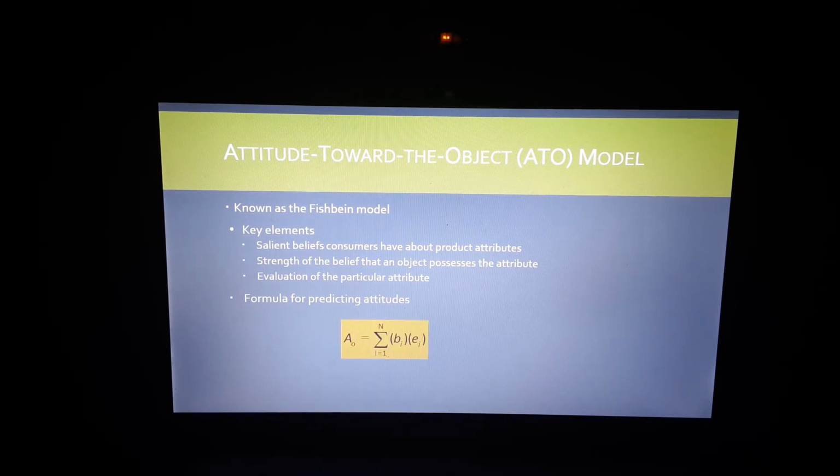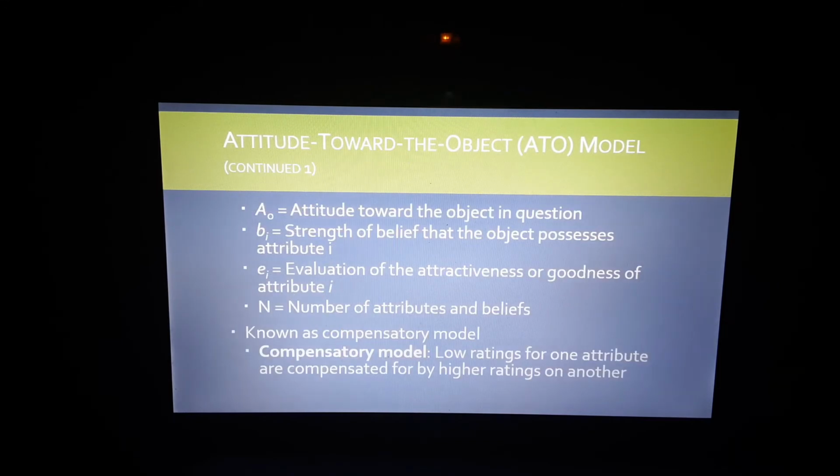The key elements are the specific beliefs that someone has about a product's attributes, and the strength of those attitudes will determine how people evaluate the product. The formula, not important, but there it is.